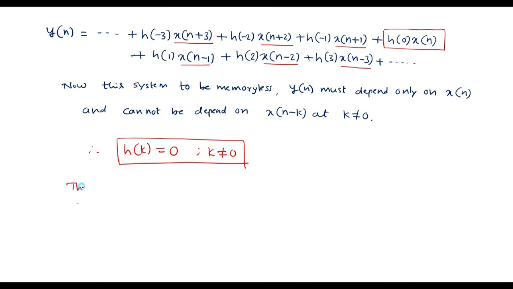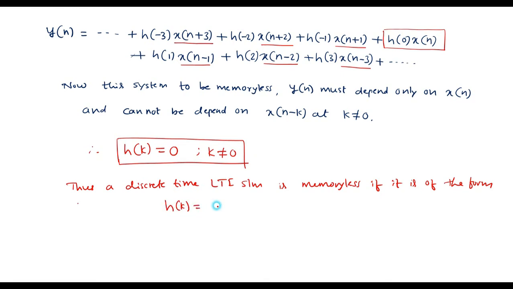So thus we can say that a discrete time LTI system is memoryless if it is of the form h of k is equal to c delta of k.